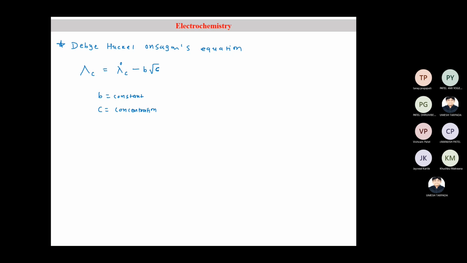So here, you know very well, this equation is similar to y = mx + c. Lambda 0 is the limiting molar conductivity at infinite dilution, and this is the molar conductivity. You can also write it in this way.